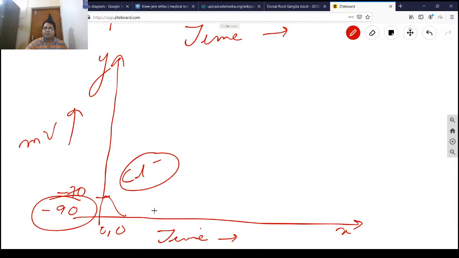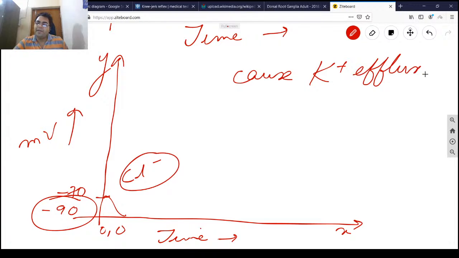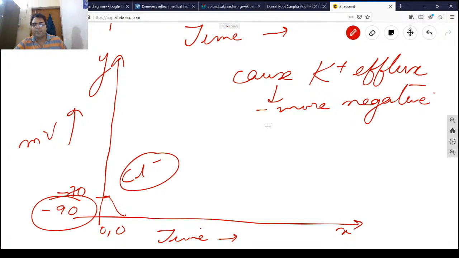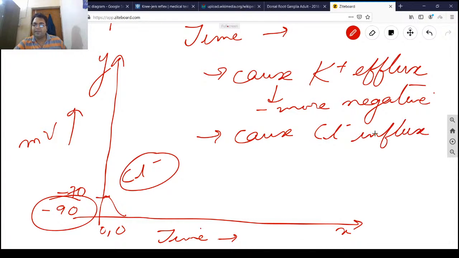No. So inhibitory neurotransmitters can do one of two things. Either they can cause K plus efflux, and by causing that they will drop the voltage to more negativity. Or they can cause chlorine ion influx, because you are bringing in negative charge, so the voltage will again become more negative.